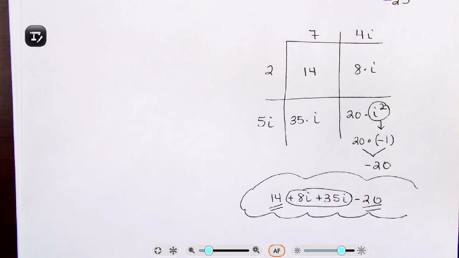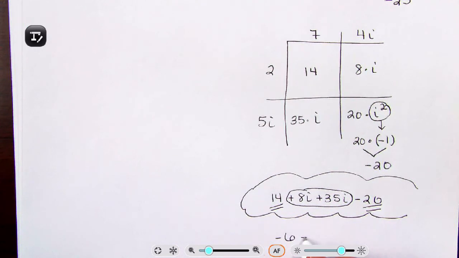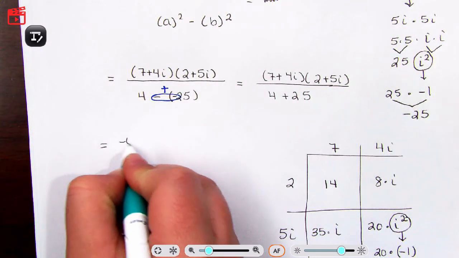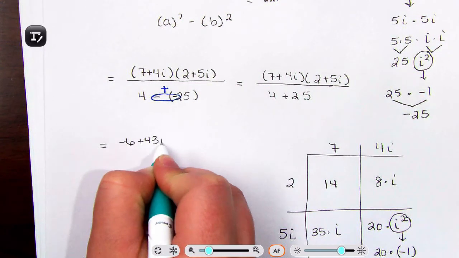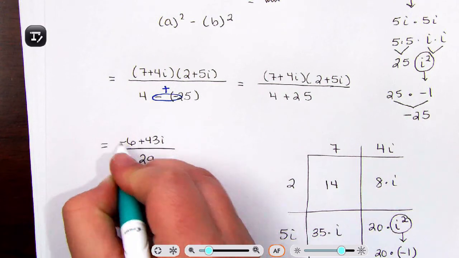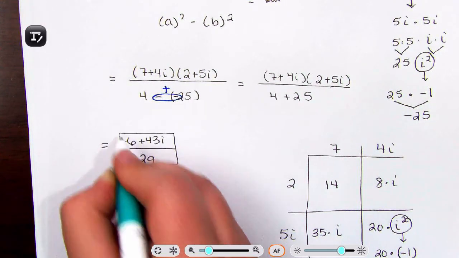I have negative 6. And I have 35 plus 8, which is 43i. So bringing this back up here, in my numerator, I have negative 6 plus 43i. In the denominator, I have 25 plus 4, which is 29. And it doesn't have to look pretty, but this is your simplified answer.